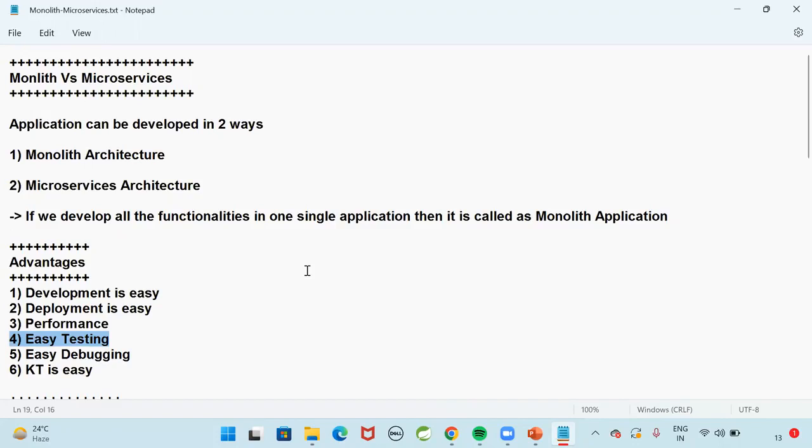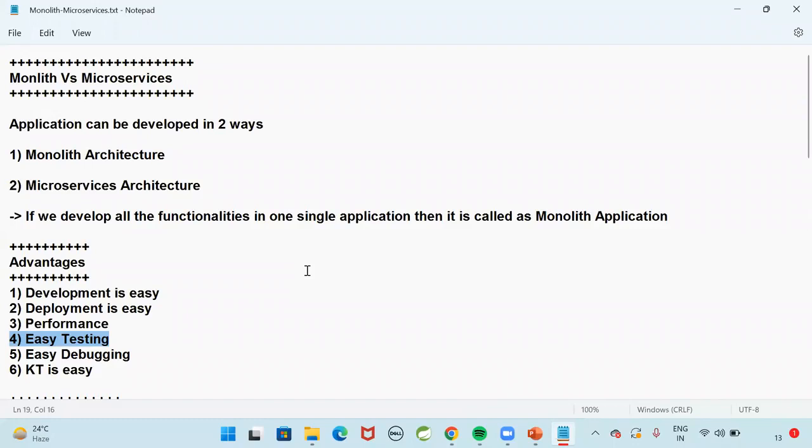KT nothing but knowledge transfer. When a new developer joined our team, explaining them about the project architecture, about the project execution flow, that is very easy, because only one application for the complete requirement.